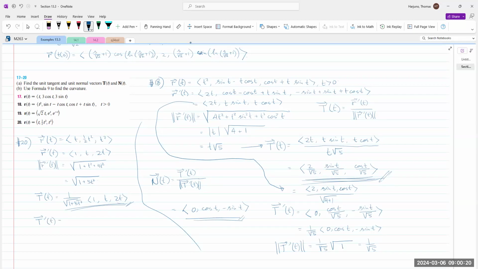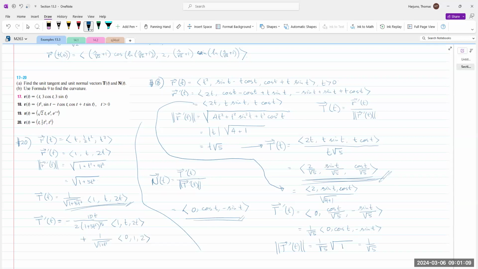This is to the power of negative 1/2, so I will get negative 1 over 2, actually no, that will be (1 plus 5t squared) to the power of 3/2 on the denominator, multiplied by 10t times (1, t, 2t), and then plus 1 over square root of 1 plus 5t squared times (0, 1, 2).